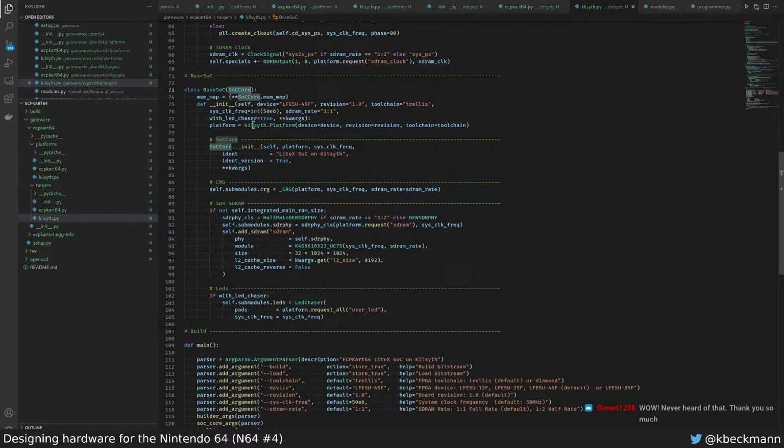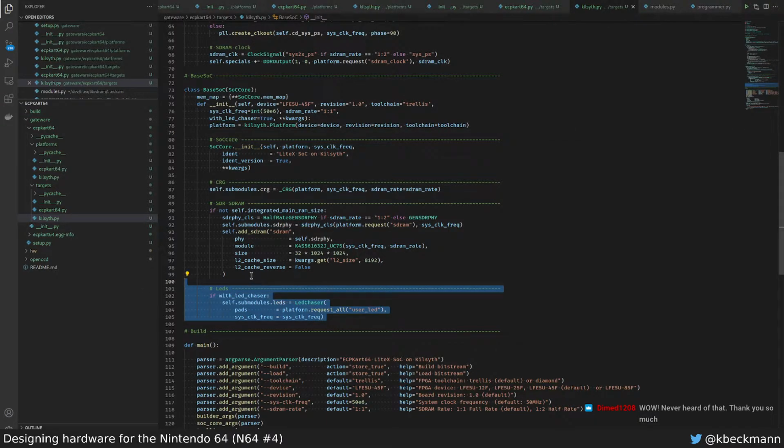So what it does by default is that it gives you a CPU and a BIOS that is built from C code, and it compiles that for that architecture, and then it includes that ROM in your bitstream, and then it includes all of your peripherals that you want. In this case, we don't have a lot of stuff.